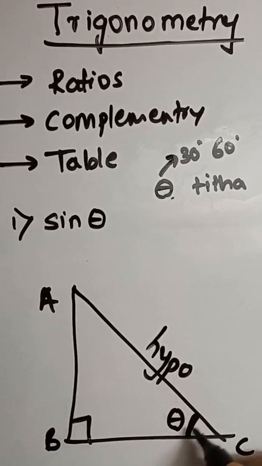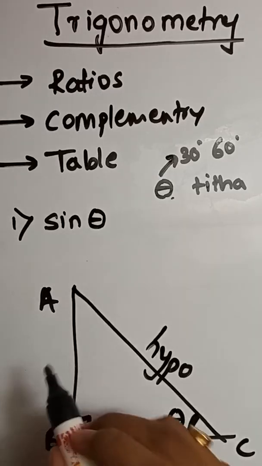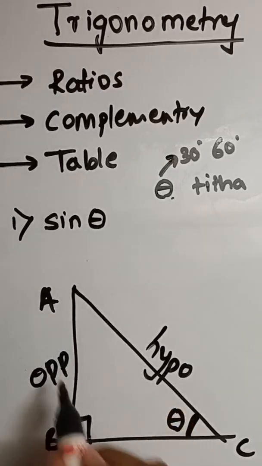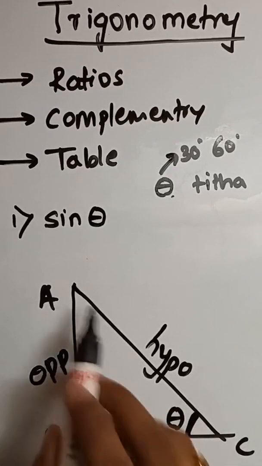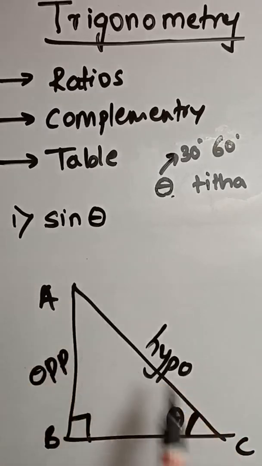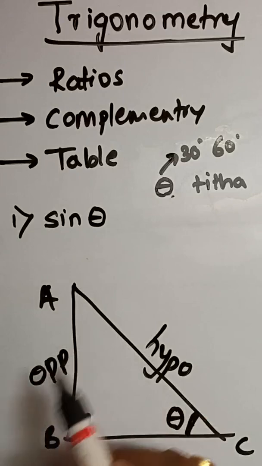Now if this angle is theta, the side which is opposite to this angle theta is called the opposite side, opposite of theta. Okay, so see, hypotenuse is fixed independent of where the angle theta is. This is always the hypotenuse. 90 के सामने always hypotenuse. फिर theta के सामने वाली side is opposite side.